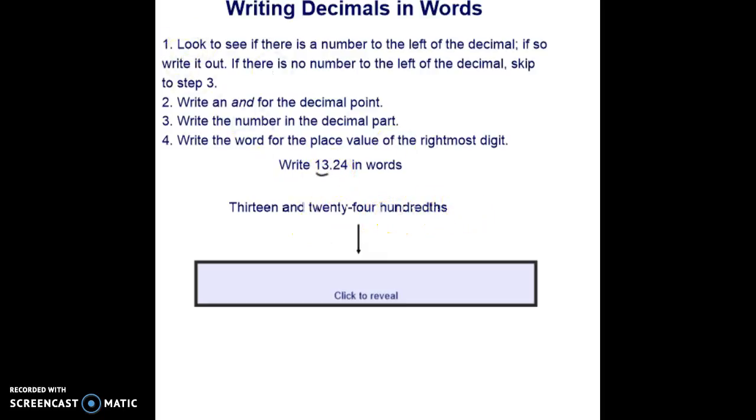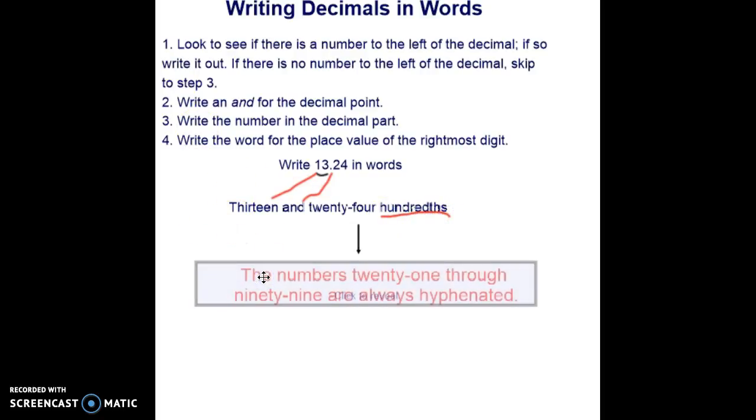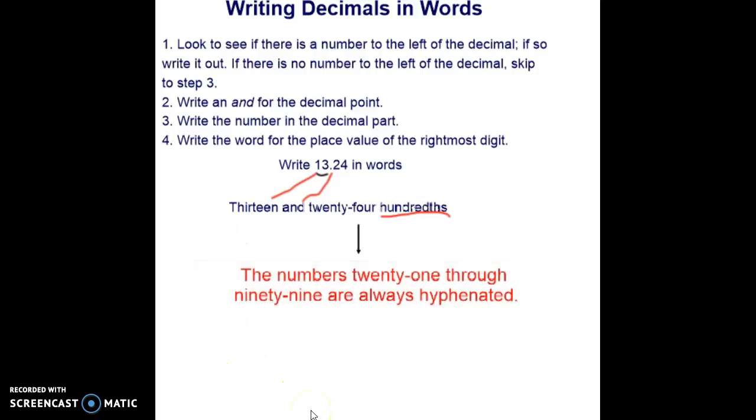We put "and" for the decimal. Just to show that one more time. The decimal here is here. 13 represents this number. And since this is the tens place and the hundredths place, we have 24 written to the hundredths place. The numbers 21 through 99 are always hyphenated. Just to let you know, any number between 21 through 99 are always hyphenated.